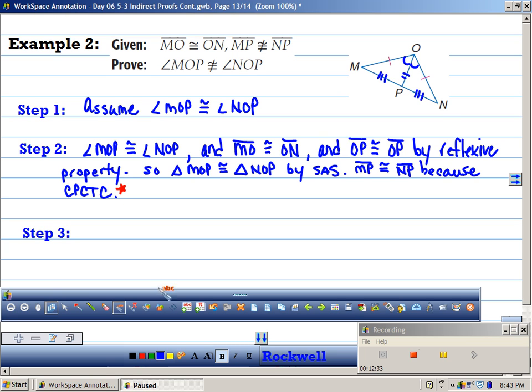Let's look here. How would I exactly word step number 3?